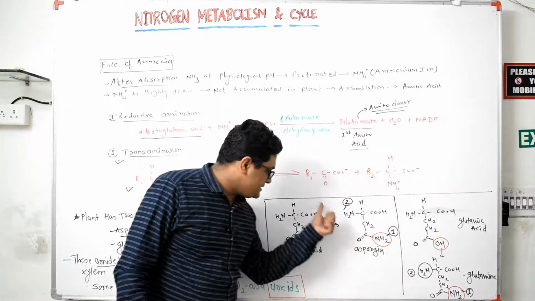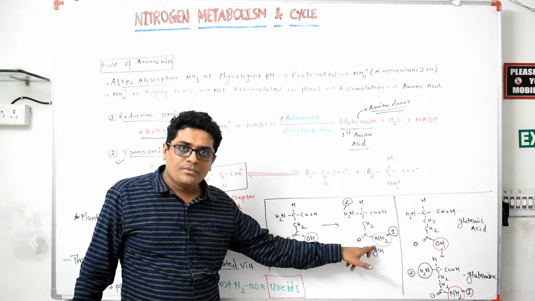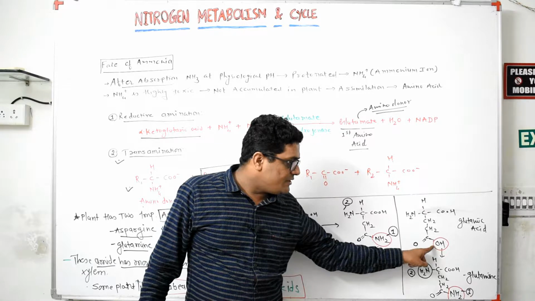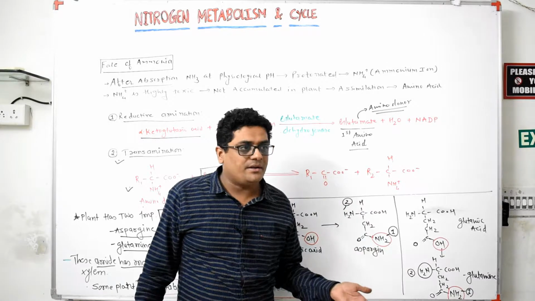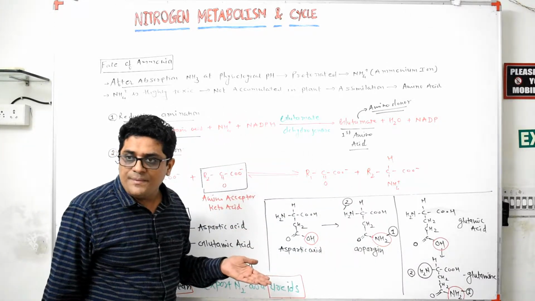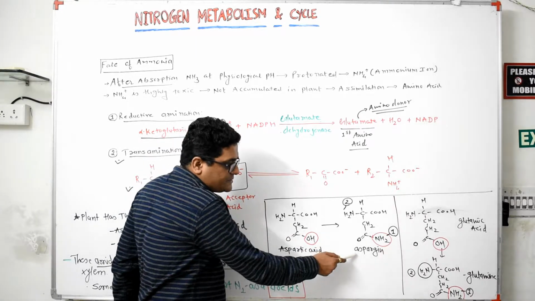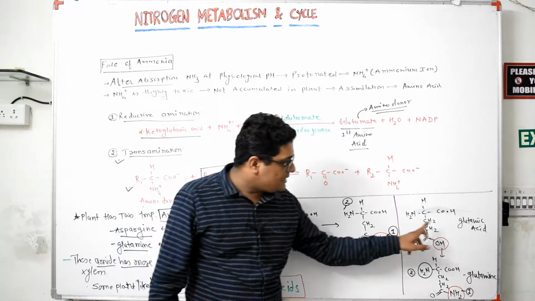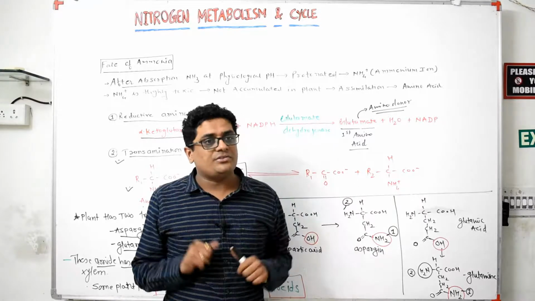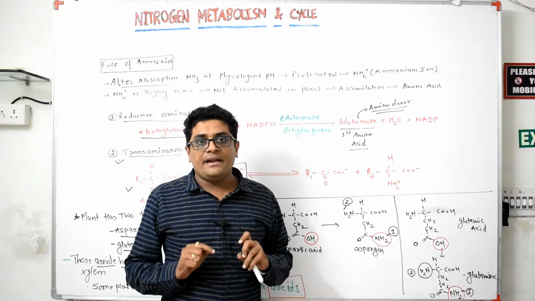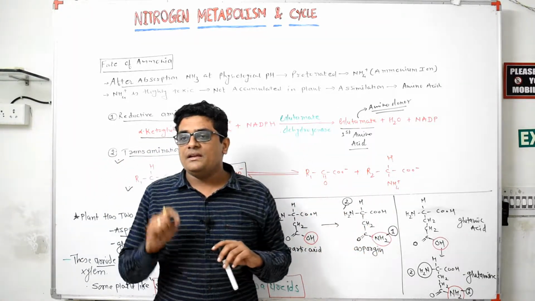This is the structure of aspartic acid. In aspartic acid the hydroxyl group is replaced by the amino group, and in glutamic acid the hydroxyl group is replaced by the amino group. So an amide always has more nitrogen atoms than the amino acid, because aspartic acid has only one nitrogen atom and asparagine has two nitrogen atoms. Glutamic acid has one and glutamine has two. So an amide has more nitrogen atoms than the amino acid, and this amide is transported from one part of the plant to another part with the help of the xylem.